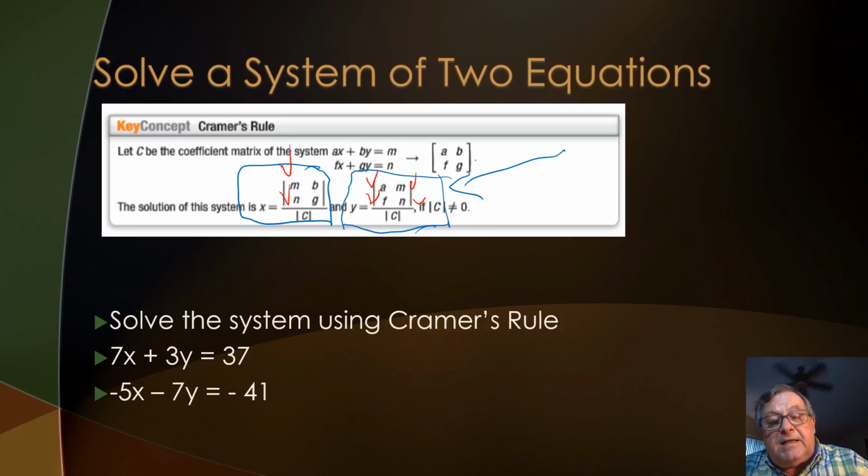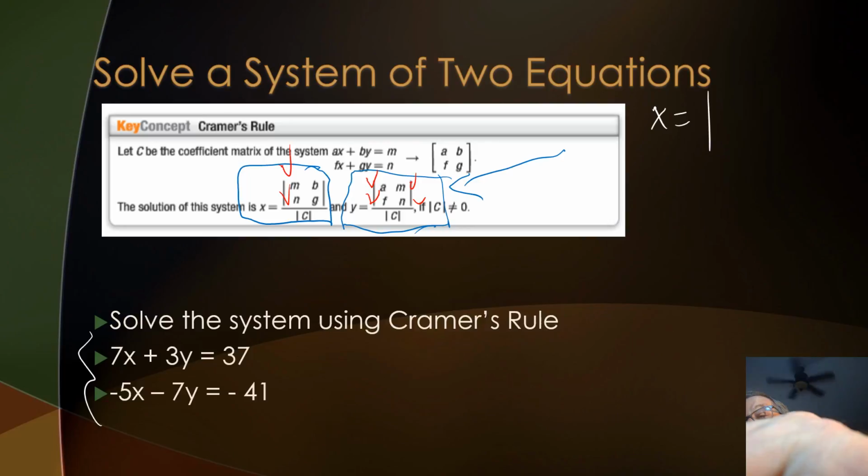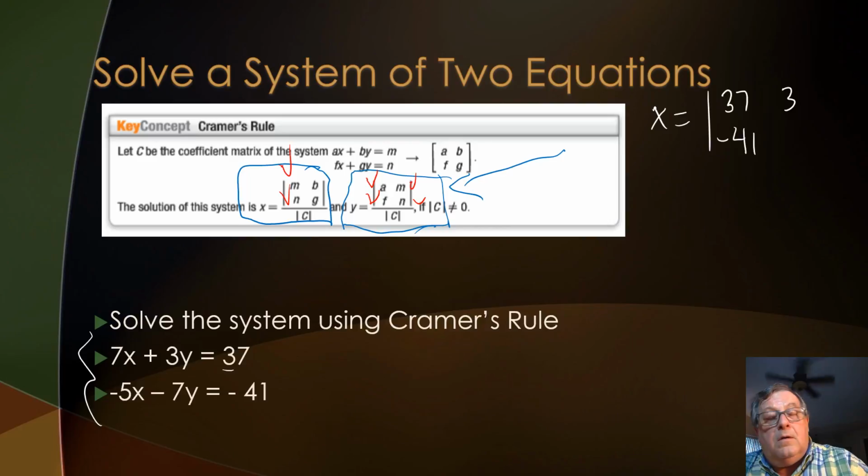So let's set this up into this system of equations, and then we'll go to the calculator and build it. We could then say that x is equal to the determinant, and we're talking about the determinants of these matrices. So 37, which is the constant of the first equation, and then 3, the coefficient of y, and then negative 41 and negative 7.